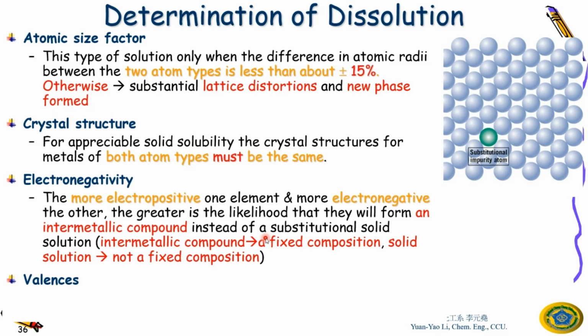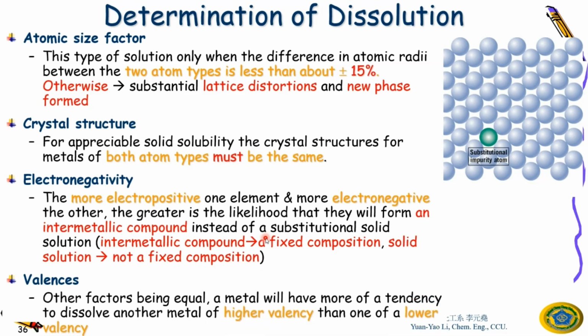The fourth point is valencies. If you find that the first three are almost close for both atoms, the final thing you need to be concerned with is valencies. All else being equal, a metal will have more of a tendency to dissolve another metal of higher valency than one of lower valency.